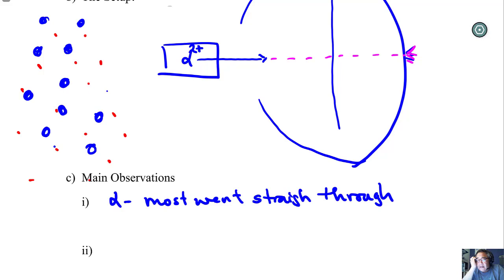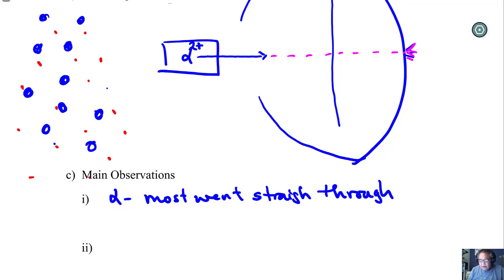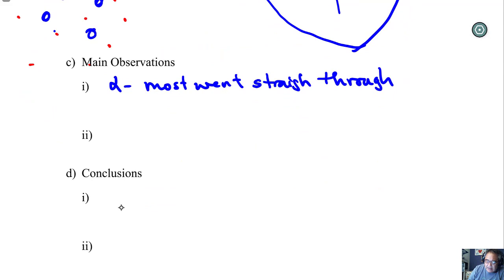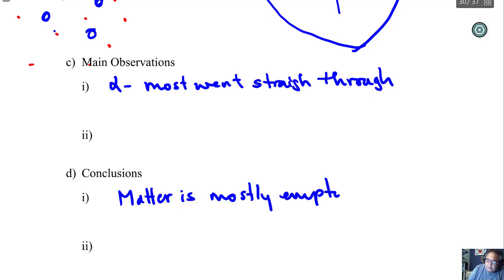So what does that mean? This is the first major conclusion: matter is mostly empty space. So how empty? 99.9%, actually it's 99.99% of matter is open space.